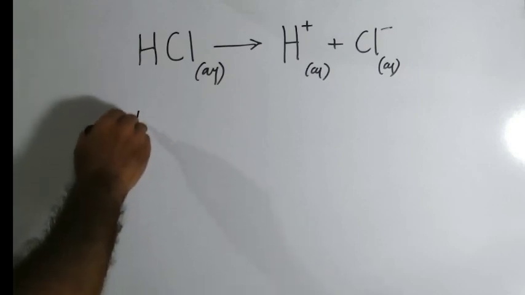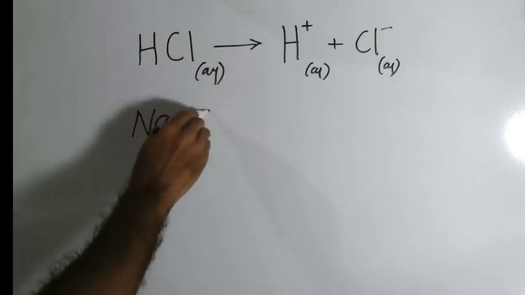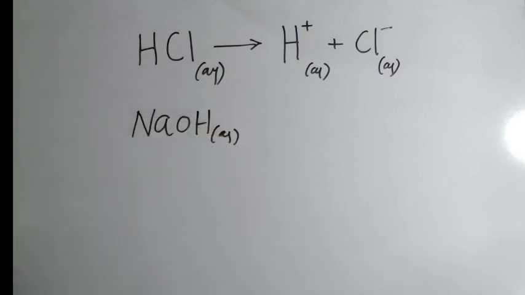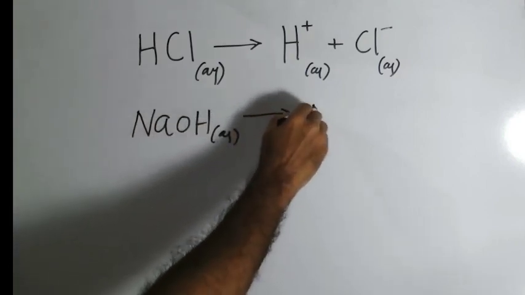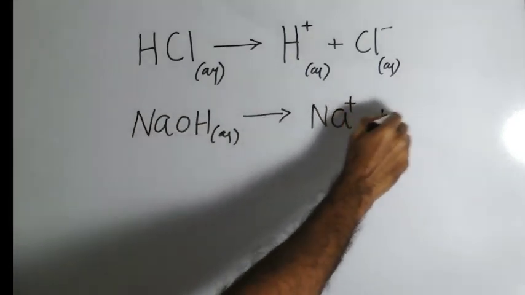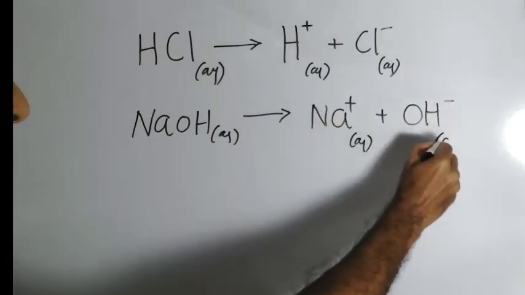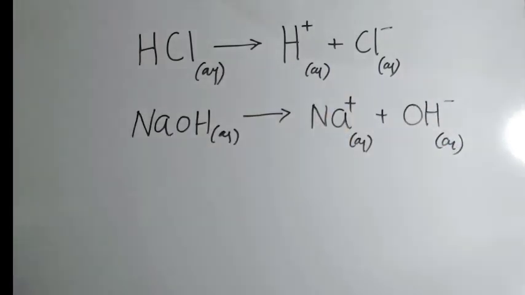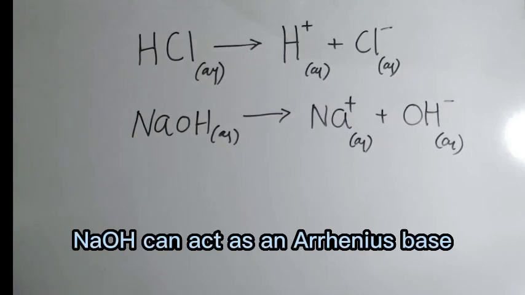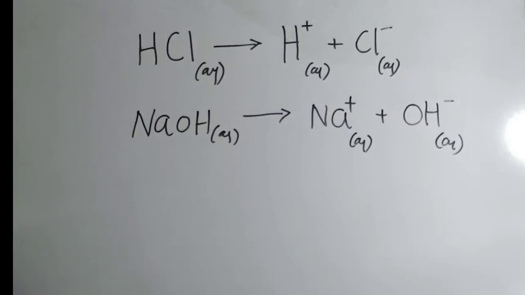Then we will go to sodium hydroxide, again in the aqueous medium. Sodium hydroxide ionizes to sodium ions and hydroxyl ion. So sodium hydroxide acts here as an Arrhenius base.